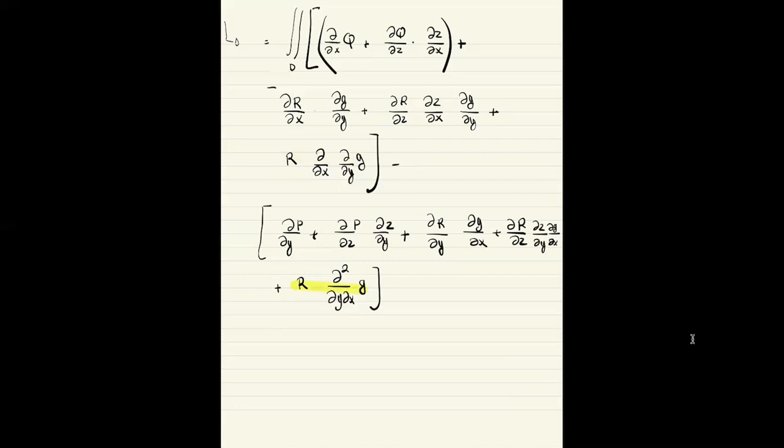Okay, so here we can use Clairaut's theorem plus assumptions. Remember that the second partial derivatives were continuous. So now we can use that they are equal, no matter the order.